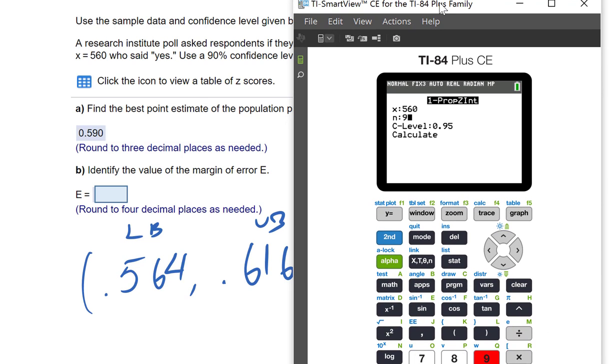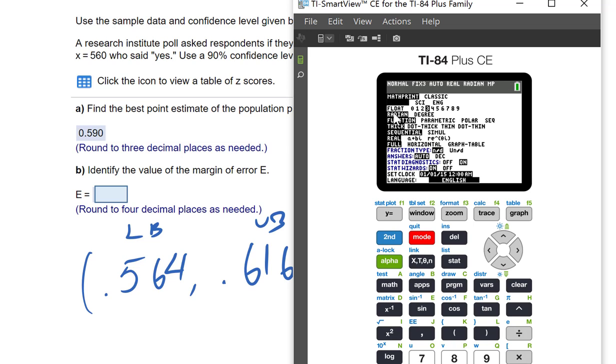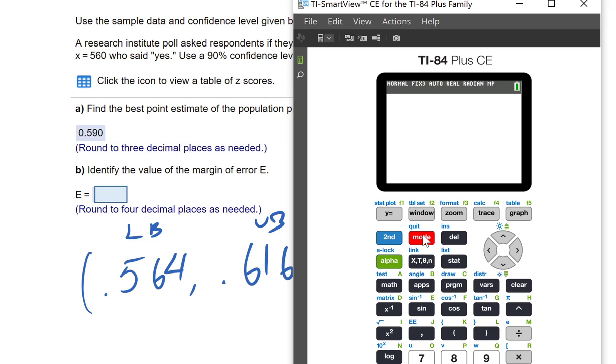Yes, 949. Confidence level, you'd hate to miss it. You can put 0.9 or you can actually put 90. Notice we get exactly the same thing, 0.564, 0.616, and it even gives us the p hat, which we figured by hand anyway. And it reminds us that our sample size is 949. Why does it say 0.000? Earlier, I had changed my mode to round to 3 decimal places. I can change that back to float if I want to. Let's just leave it at 3 for now.